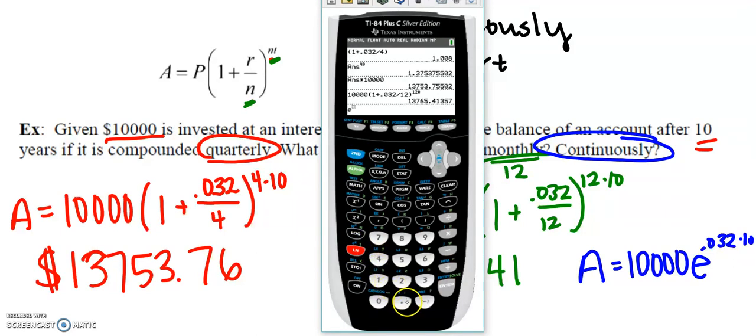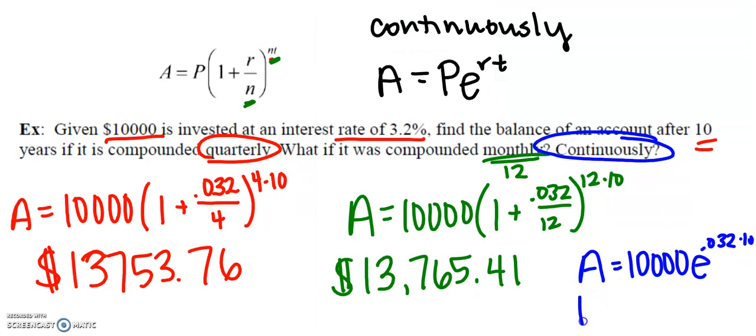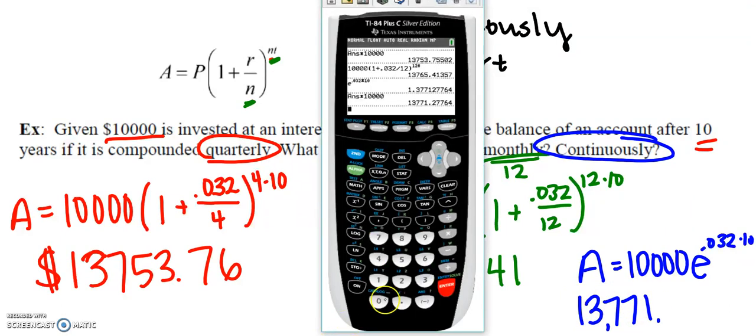So e to the 0.032 times 10. If you don't have the new calculator that shows this math type, you might have to put parentheses around your exponent. And then I'm going to multiply that by my 10,000. And I get 13,771 and some change.